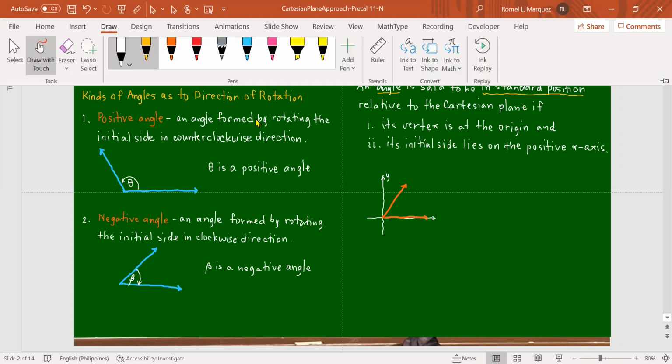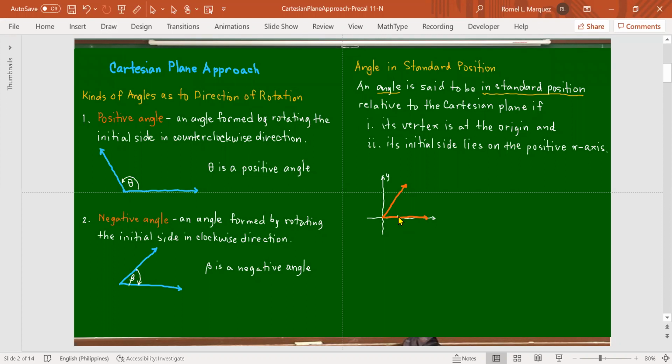For this to be an angle in standard position, let's check the vertex. Is it at the origin? Yes. The arrow should start from the positive x-axis, which will serve as the initial side, and the arrowhead will be pointing to this. So we say that if this is theta, theta is an angle in standard position.